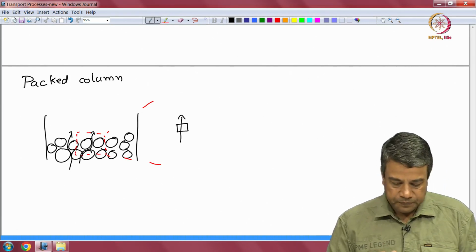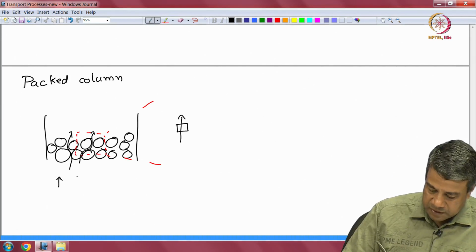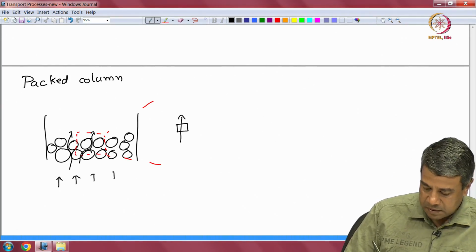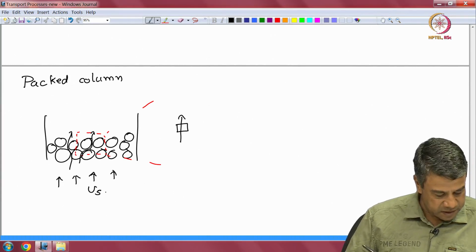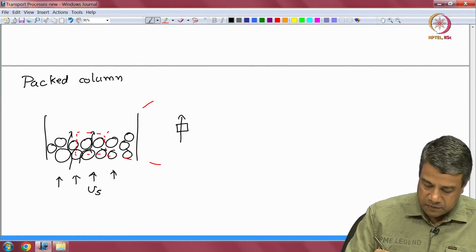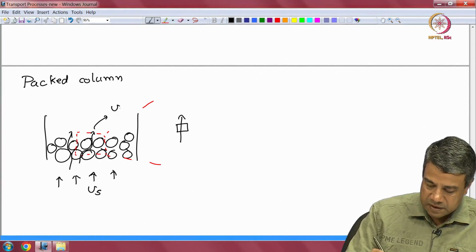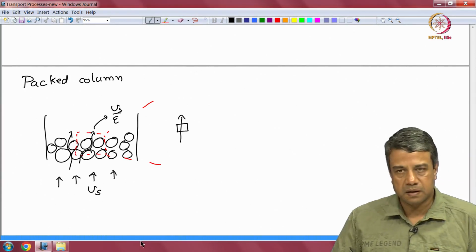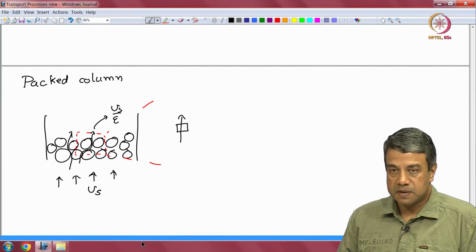Okay. If the superficial velocity in this packed column is V s, then the fluid velocity through these particles is V s by epsilon. Okay. Why does dispersion take place?